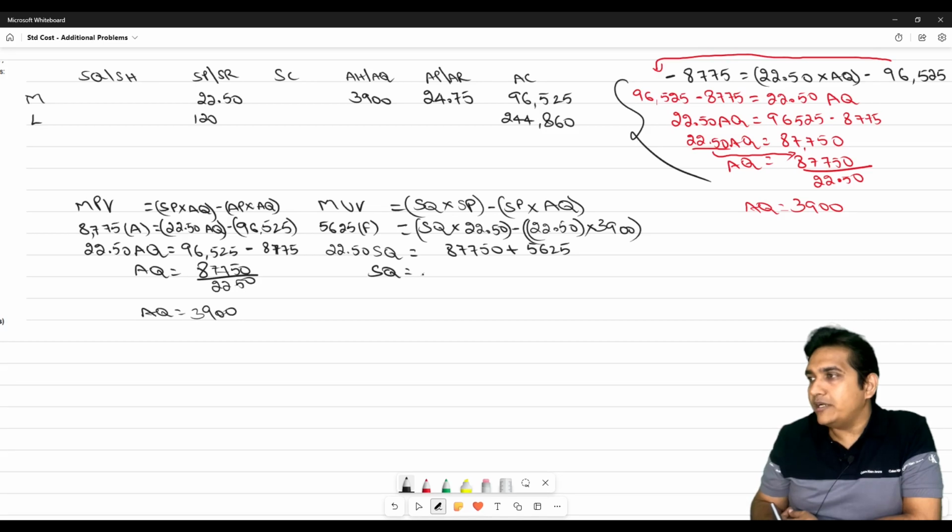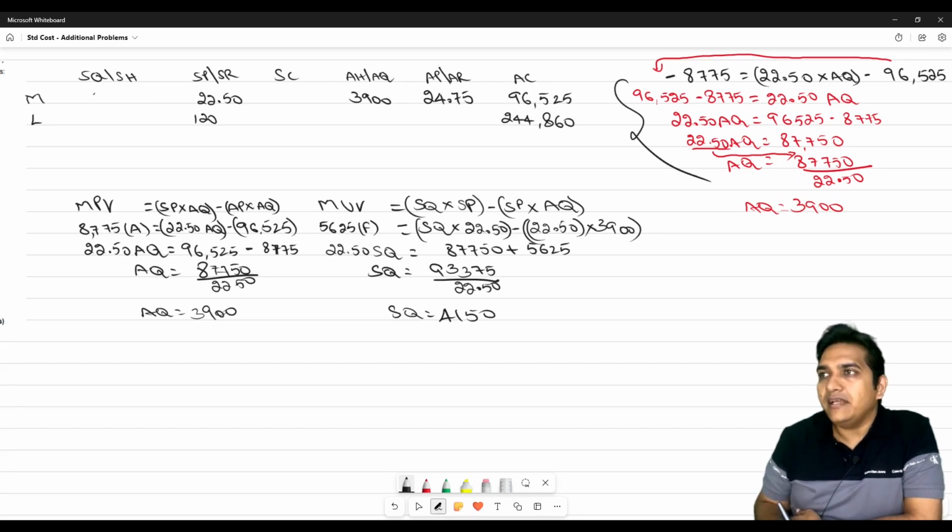So standard quantity is equal to 93,375 divided by 22.50. So standard quantity comes to 4150, right? You can write 4150.